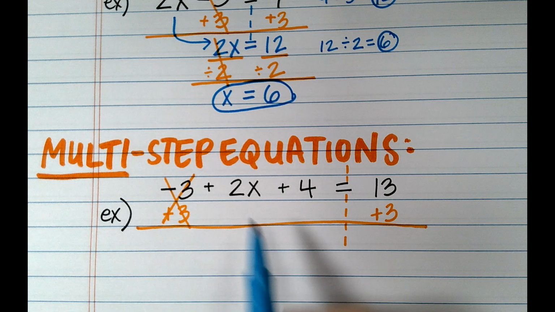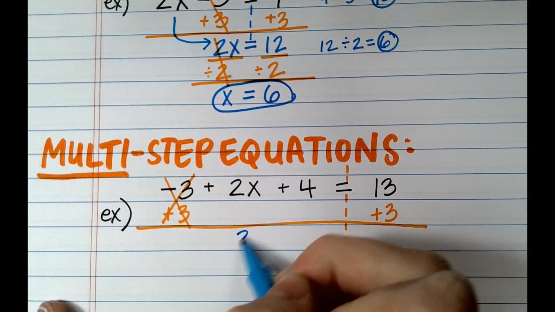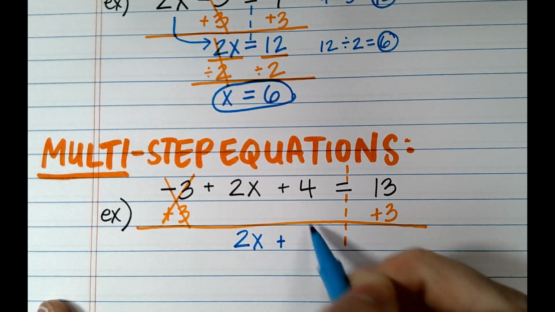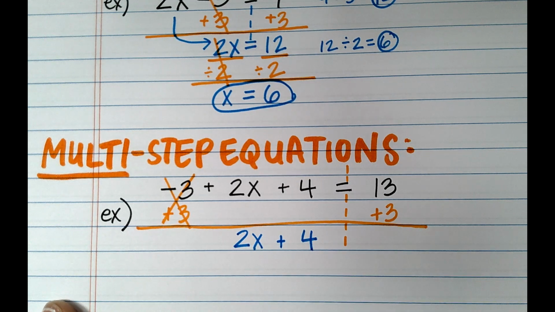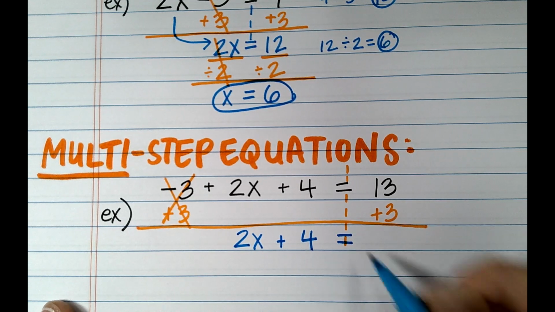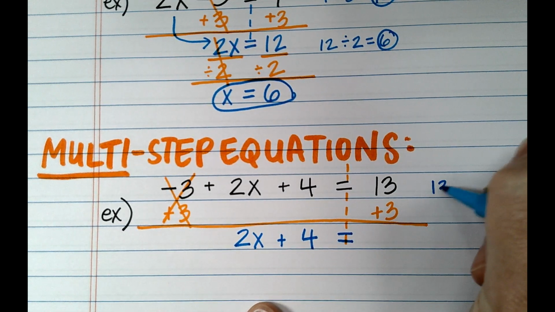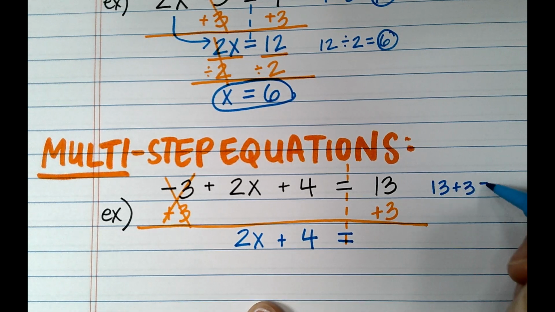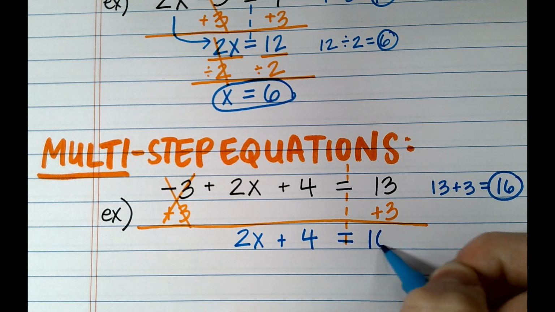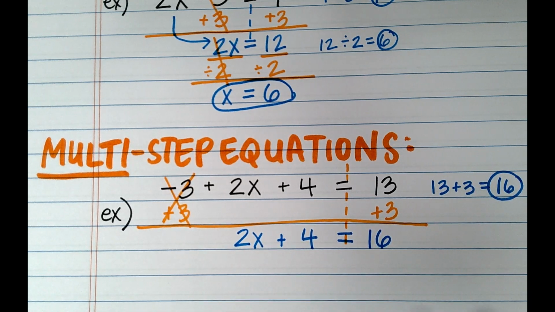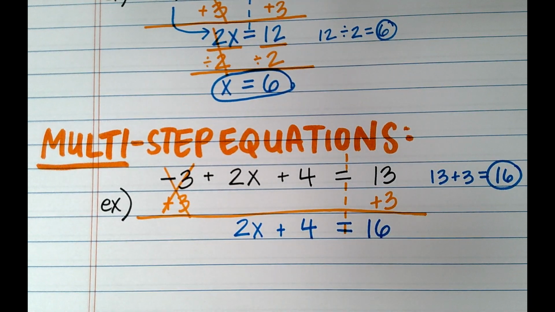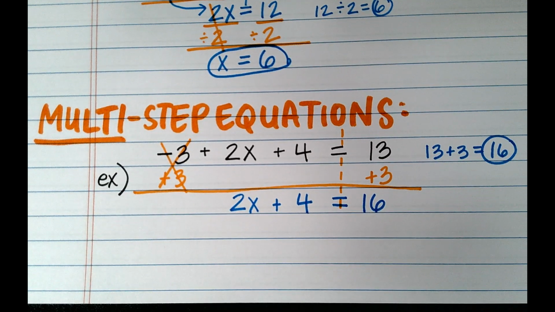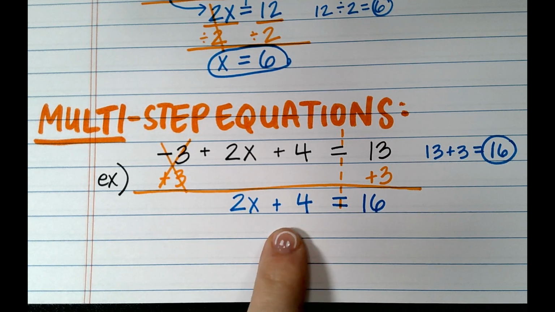And now we want to bring everything down. We have a couple of things left. We still have 2x plus 4 equals 13 plus 3 equals 16. There we go. And now we have a whole new equation. Do you want to get rid of that 4 now?